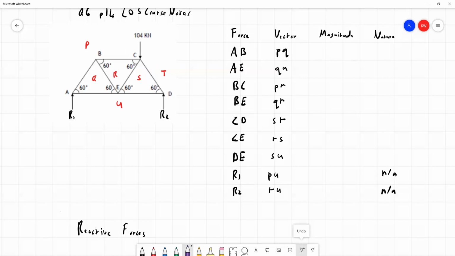Now, a sticking point in this question might appear to be that we haven't been given the length of any of the members in the question, but we are actually able to determine these moments without knowing any length at all. And the reason we can do this is because we can observe that the base of both of these equilateral triangles must be the same length.